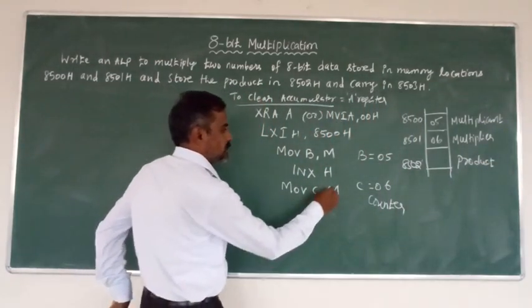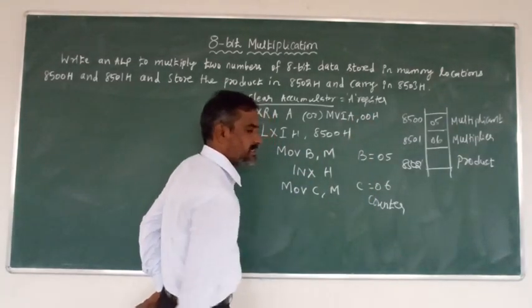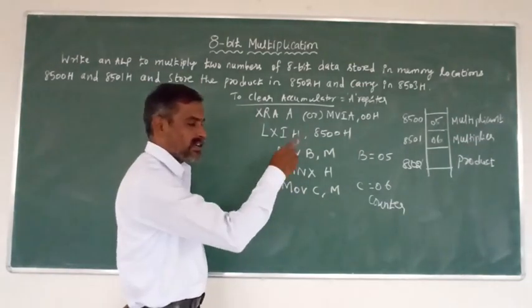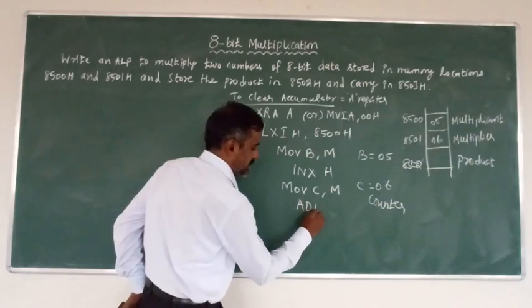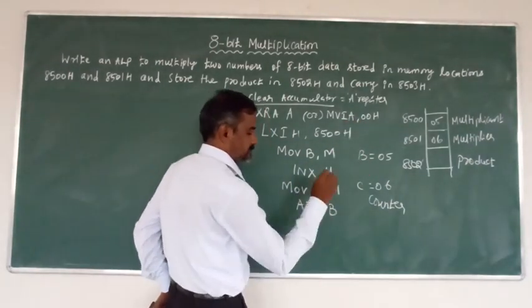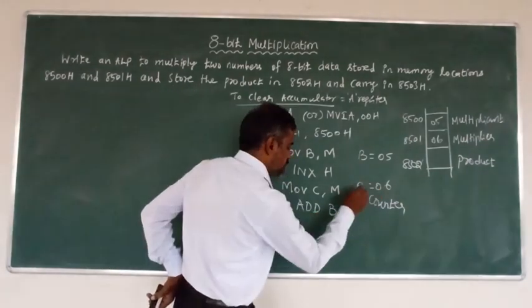Okay. Now to add the accumulated data with the B register and to fix the C register as the counter, we add that number of times till the C register is 0. For that, ADD B adds the accumulator with the B register. After addition, we have to decrement the C register.